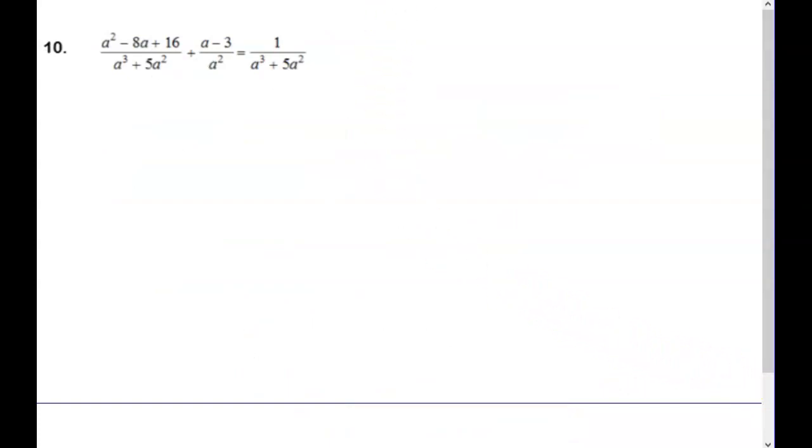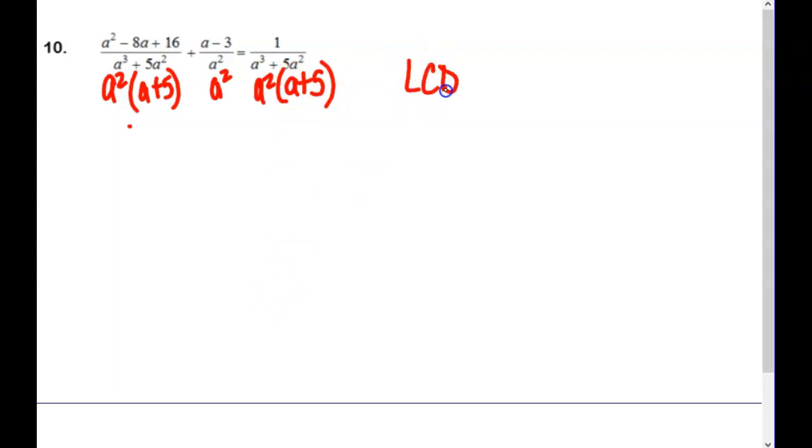Oh, one more of these, okay. If I factor this denominator, take out an a squared, I'd have an a plus 5. This one has an a squared, and this has an a squared a plus 5. So what should my common denominator have? Everybody good that it needs an a squared and an a plus 5?